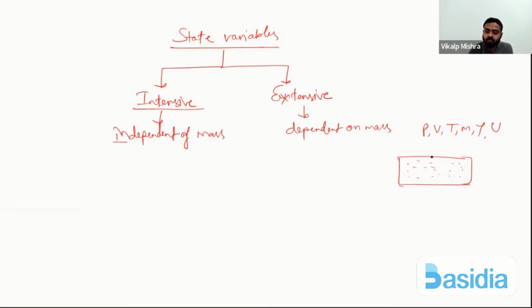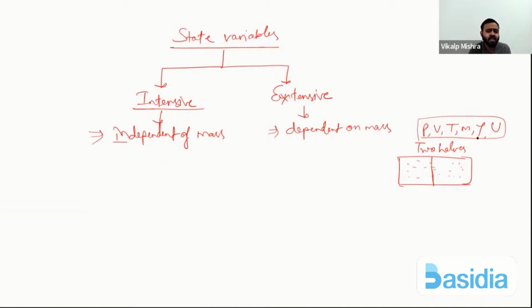We will just divide this container of gas, or the system, into two halves. Now see what properties will change. Those that change are dependent on mass, and the variables which do not change are independent of mass.